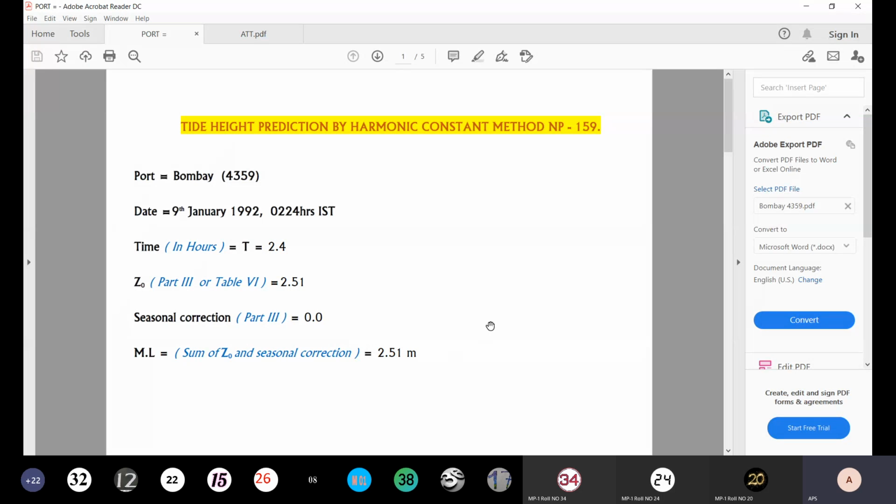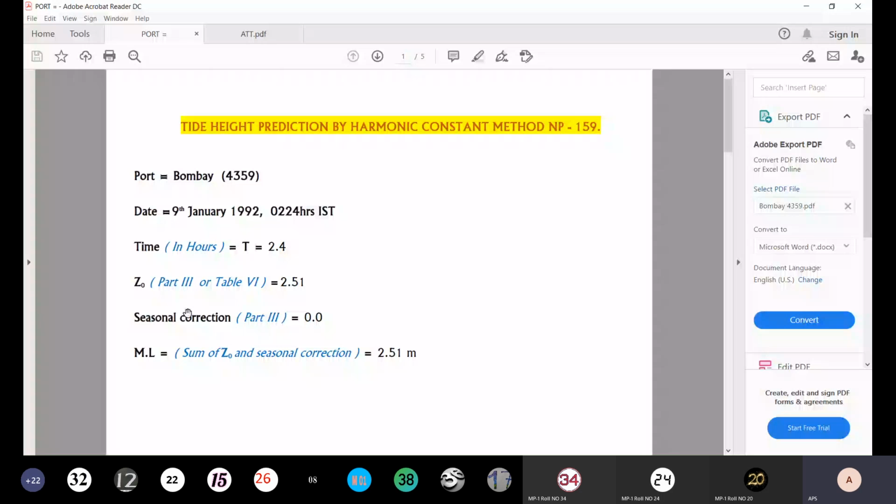So anybody has any doubt here how we start solving by harmonic constant method, by writing the port name, number, date, time. Time we convert to whole number of hours with decimal, and Z0 we get from part 3. Sometimes you have to use table 6 that we will do in the next example.